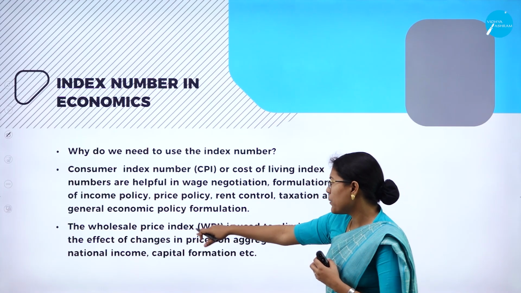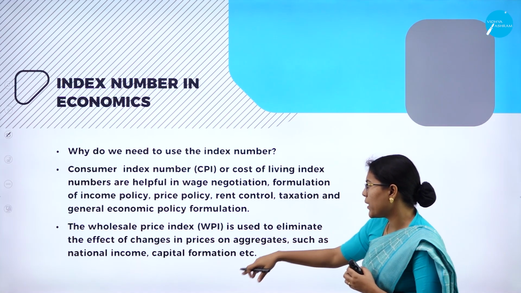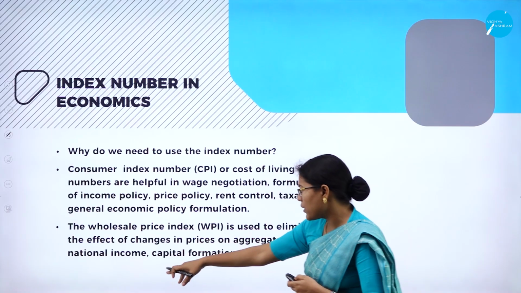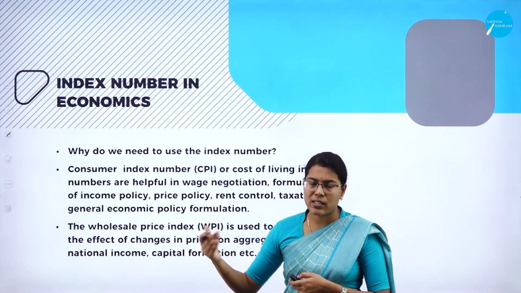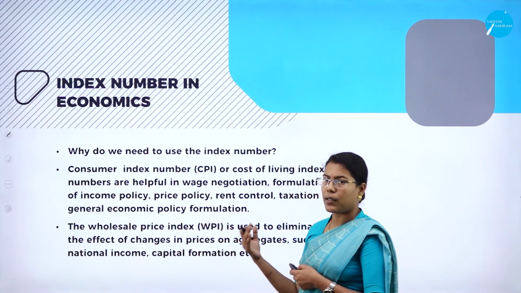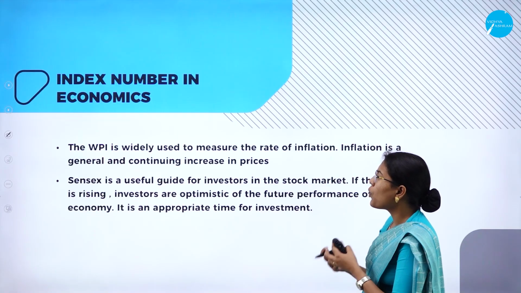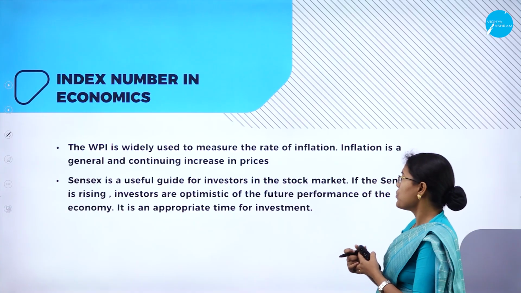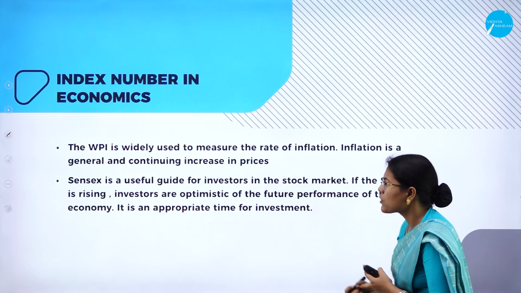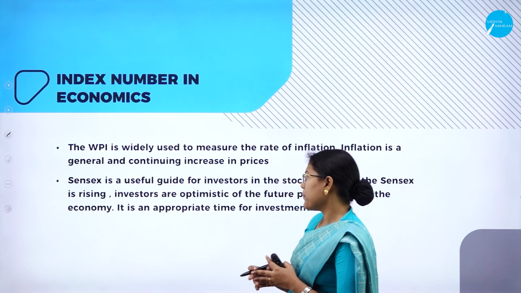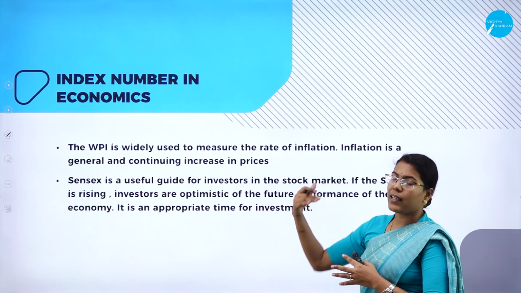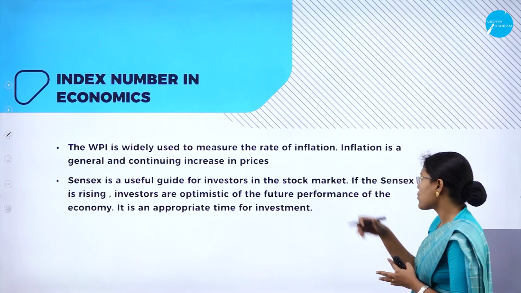The wholesale price index is used to eliminate the effect of changes in prices in aggregates such as national income and capital formation, and in the calculation of per capita income. It is also widely used to measure the rate of inflation in the country. And the Sensex acts as a guide for investors in the stock market.